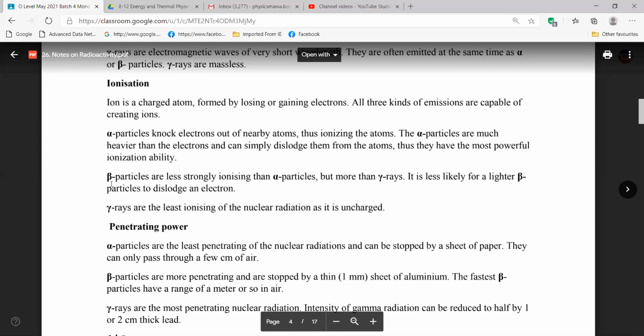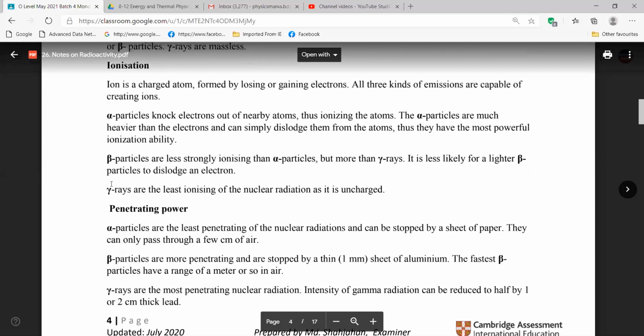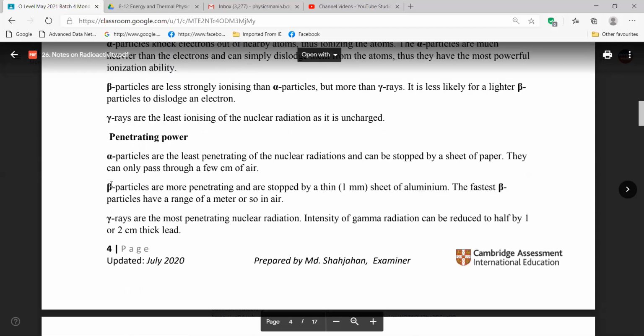Okay, then continue. Gamma rays are the least ionizing of the nuclear radiation as they are uncharged.